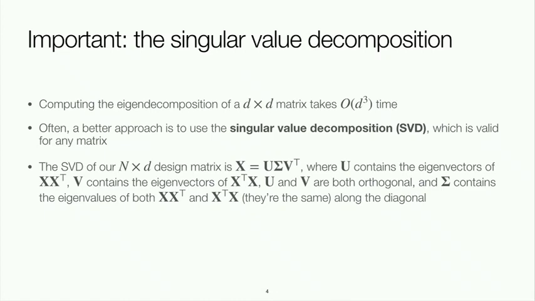So that's what a singular value decomposition is. It decomposes any matrix X into U sigma V transpose, and doing so is a lot of the time more efficient than doing the eigen decomposition naively.